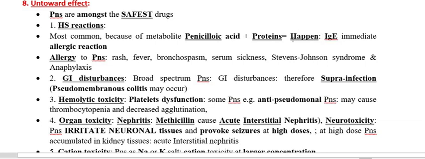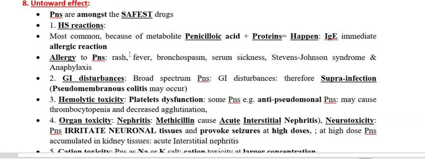So hapten, you have to make a note of this, is a hapten. This hapten is going to produce a hypersensitivity reaction, so this is what produces the allergic reaction. Before giving this drug, you have to do the penicillin test to see whether the patient is allergic to this drug or not.